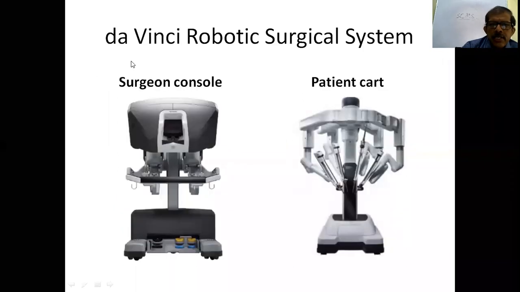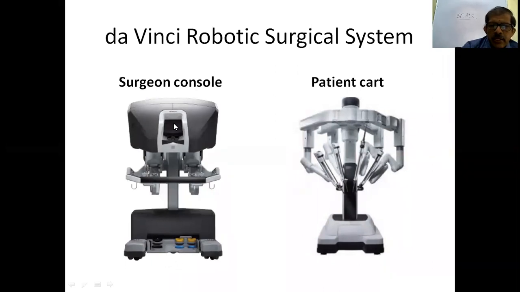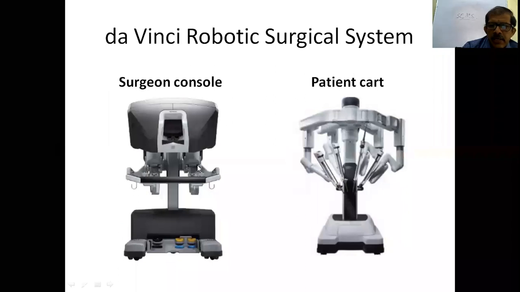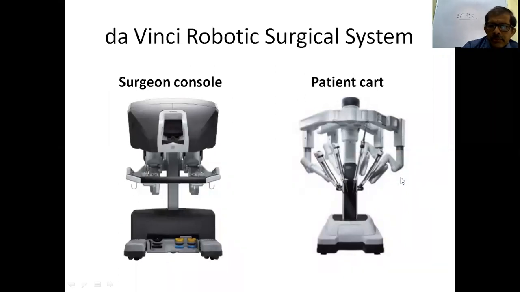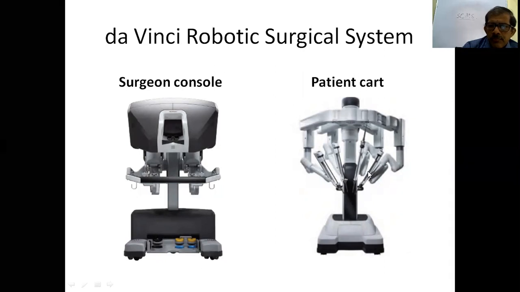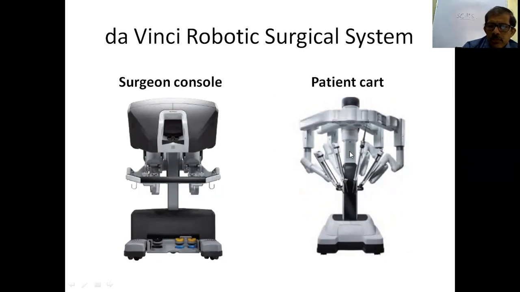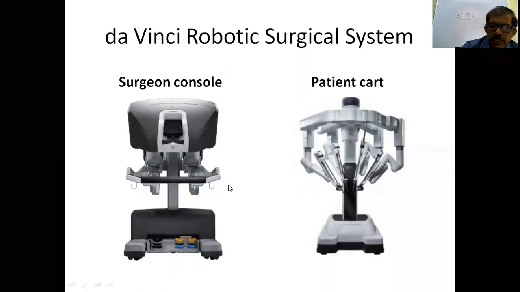Then this is the Da Vinci robotic system, where this is the surgeon's console. The surgeon will sit here and operate the buttons, whereas this is the patient cart, where all these scopes and trocars are passed into the patient and then operated from a distance. So this is the Da Vinci robotic surgical system.